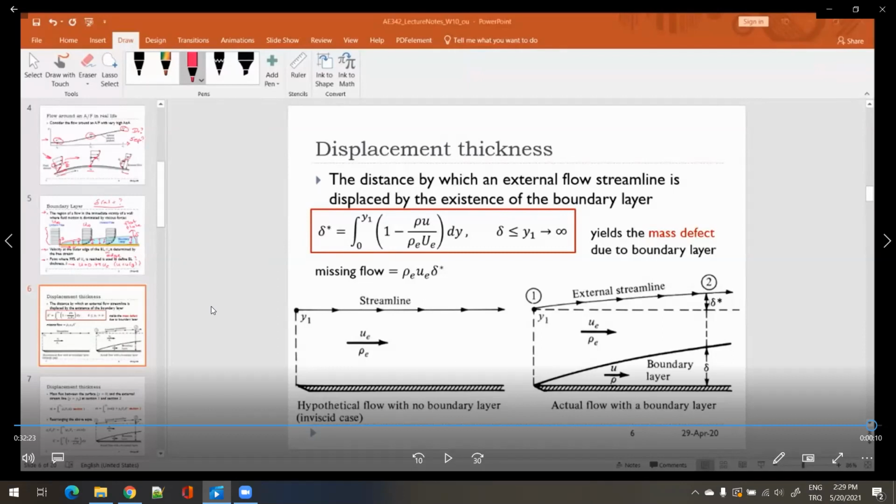I say velocity profile because outside the boundary layer, for example for a flat plate, we have a velocity u equal to u infinity. Exactly on the surface, the velocity is zero. So it changes from zero to u infinity within the boundary layer.